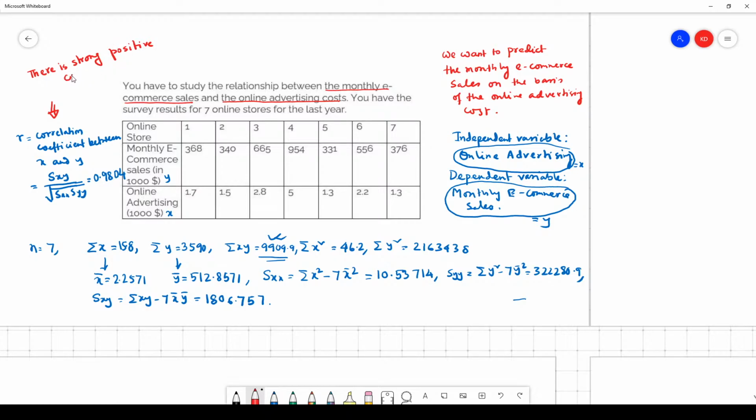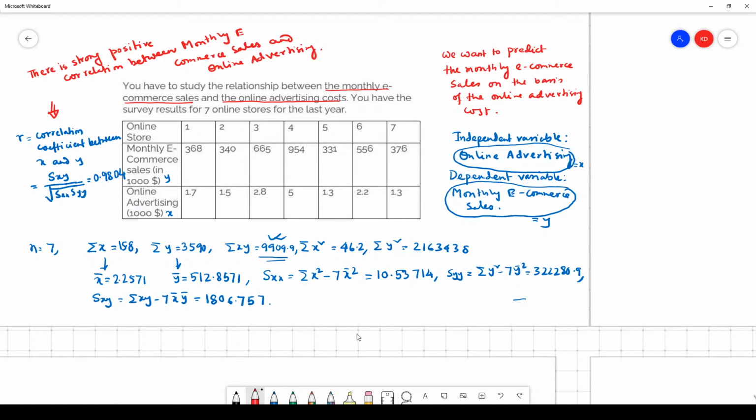There is strong positive correlation between monthly e-commerce sales and online advertising. Okay, so from r we can conclude this.